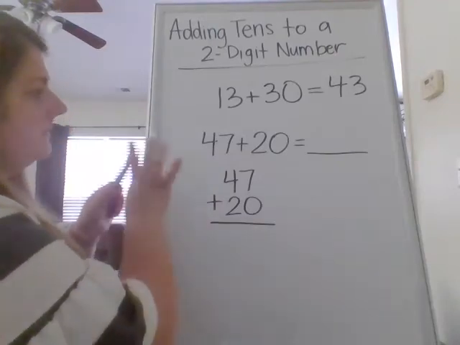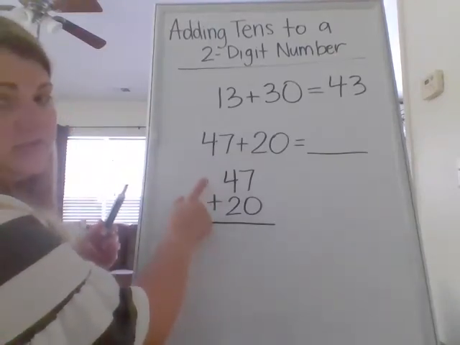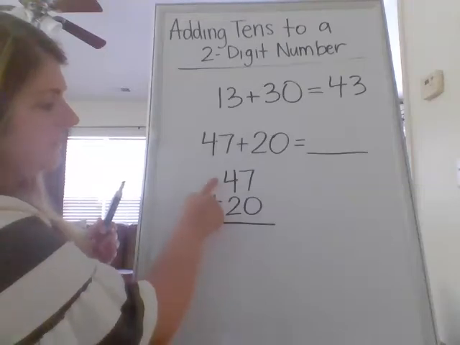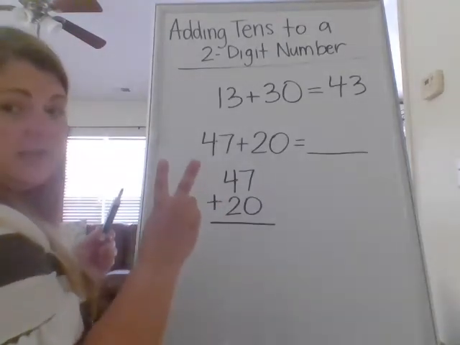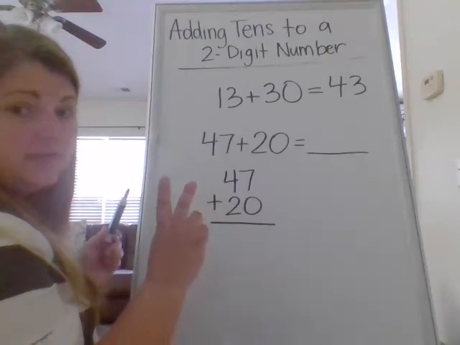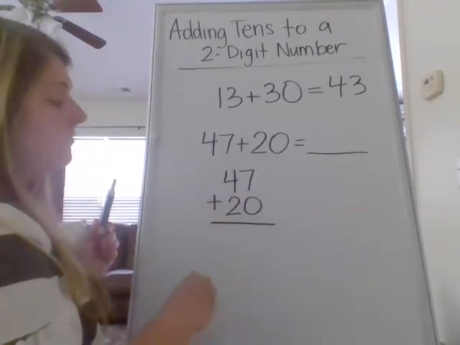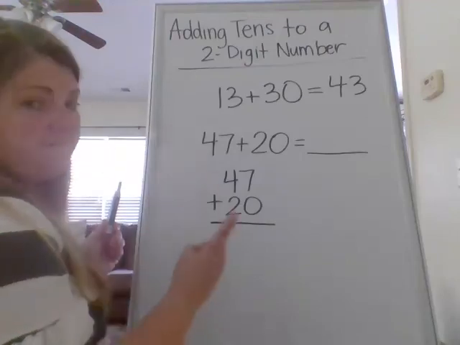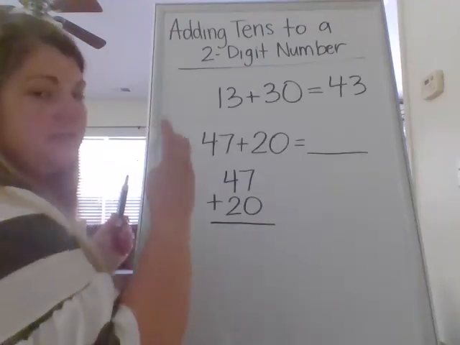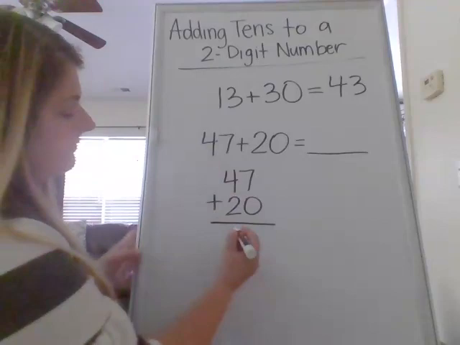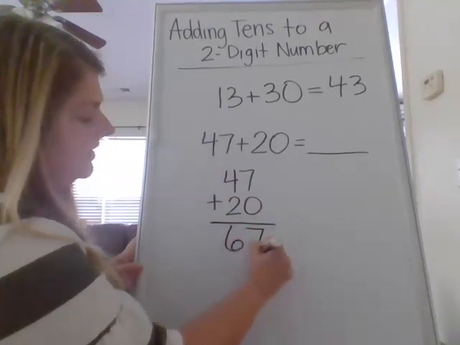Let's try this one. I'm going to use this way to write the problem. 47 plus 20. I know that I'm going to add how many 10s to 47? I'm going to add 2 10s. So I'm going to say 47, 57, 67. And I would write that right underneath.